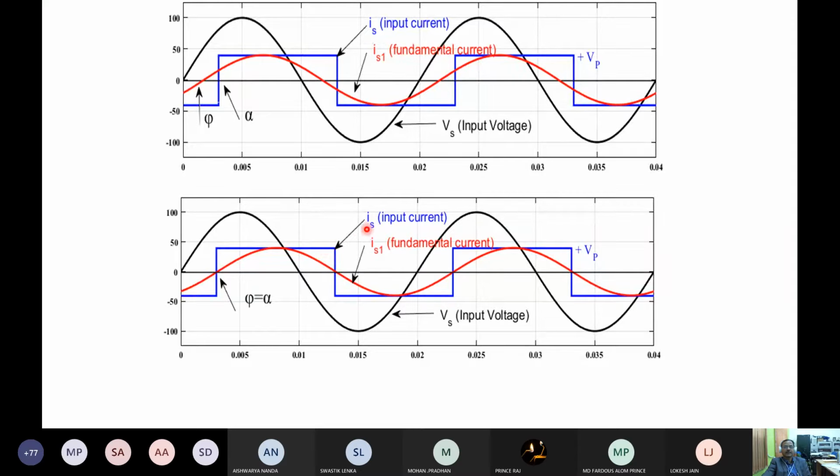This IS is the instantaneous value of input current, and IS1 is the instantaneous value of the fundamental current. So capital IS will be the RMS of this current, and capital IS1 will be the RMS of the sinusoidal current, because it has a sinusoidal component. So here phi is equal to alpha.